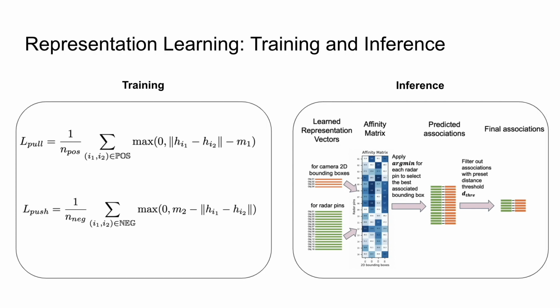In this way, the association relationships between bounding boxes and the radar pins are encoded as the Euclidean distance between their representation vectors. During inference, we first calculate the affinity matrix between representations of bounding boxes and the representations of radar pins. Then we select the best associated bounding box for each radar pin by looking for the minimum distance.